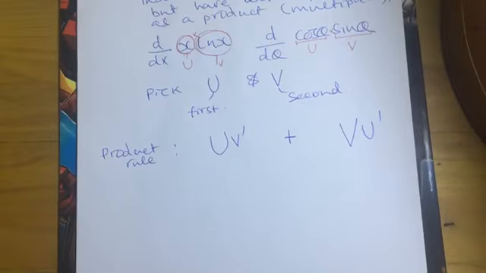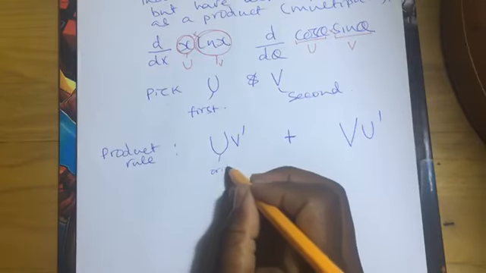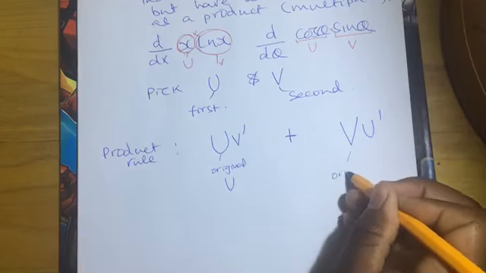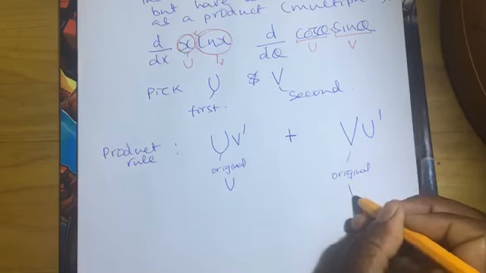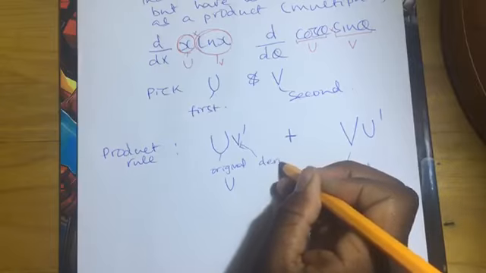So it is uv prime plus vu prime. Or you can write it as vu prime plus uv prime. It doesn't matter. So u is the original u. V, this is the original v, okay? Then v prime, it is the derivative of v.